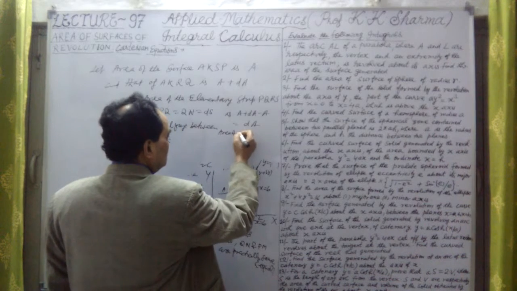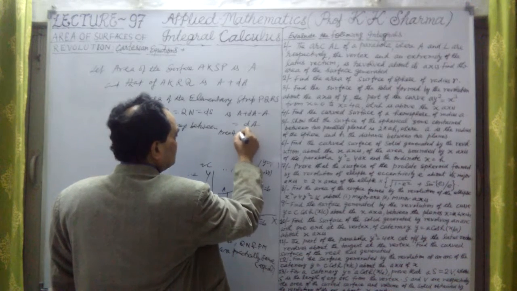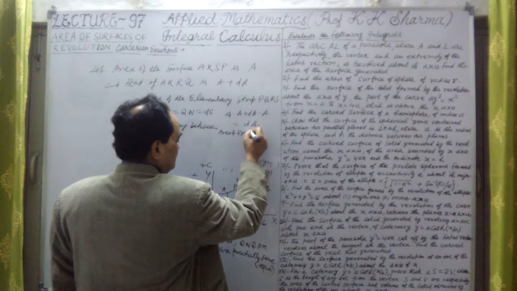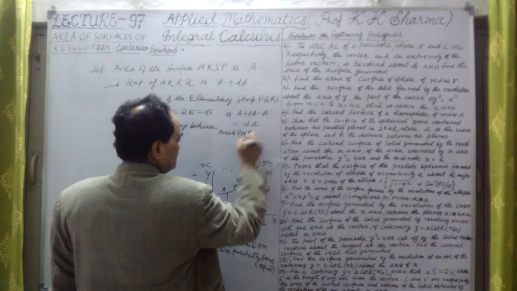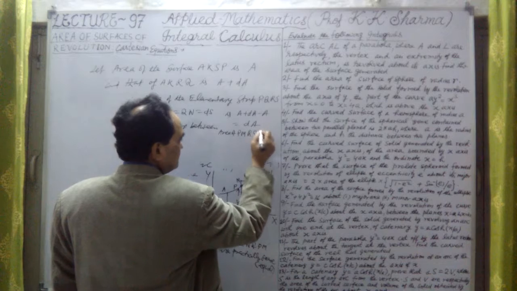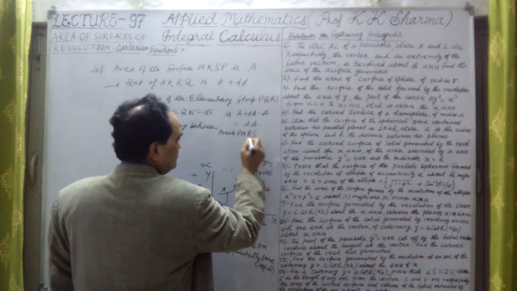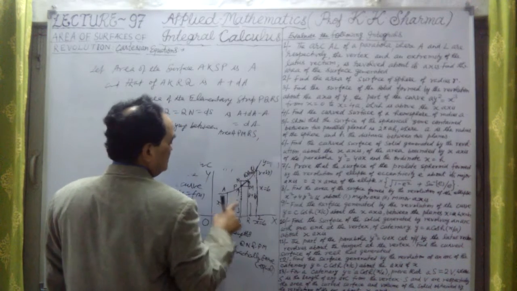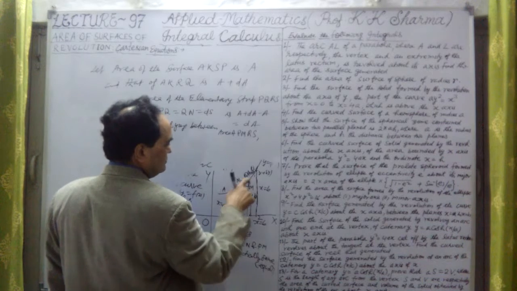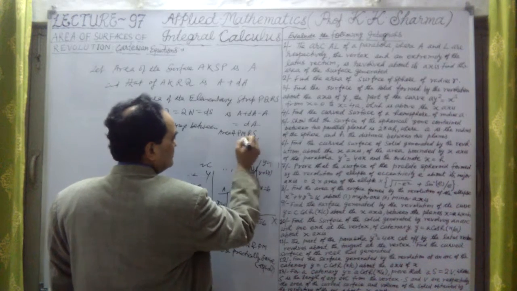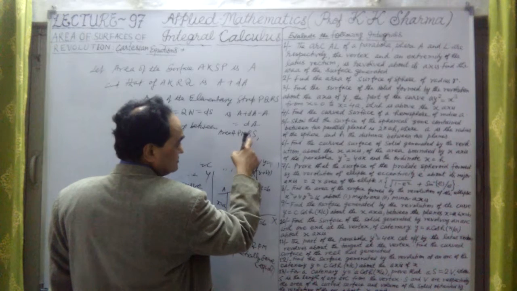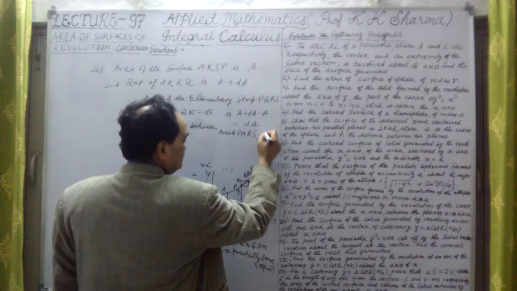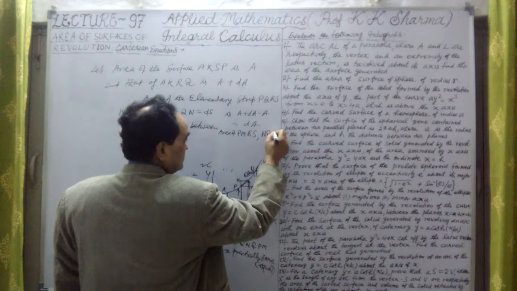Okay, so area of PMRS, okay, PQ, and this area is PQRS, but this area is a smaller one, and the bigger one is QN. Let me take NQRS.